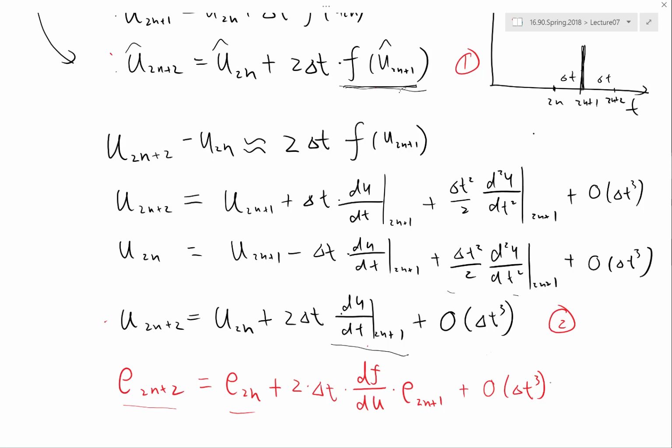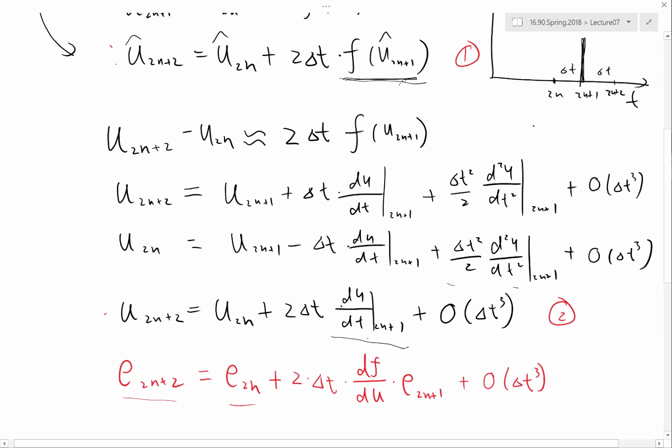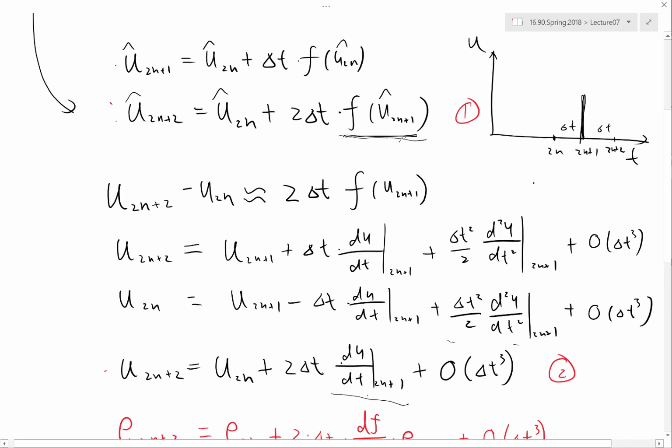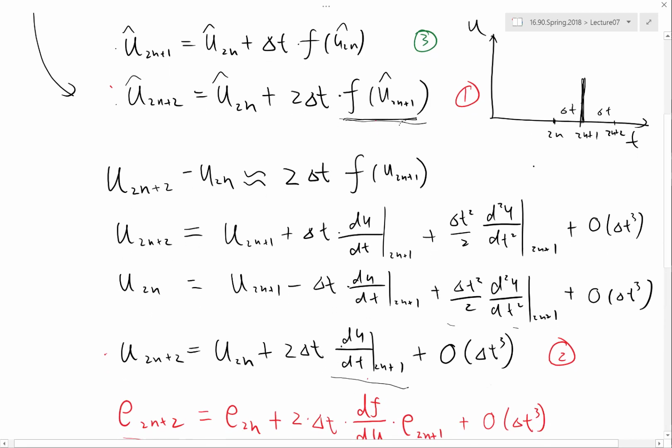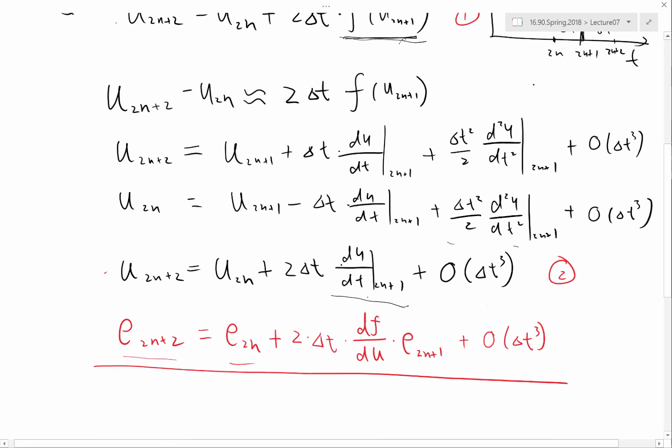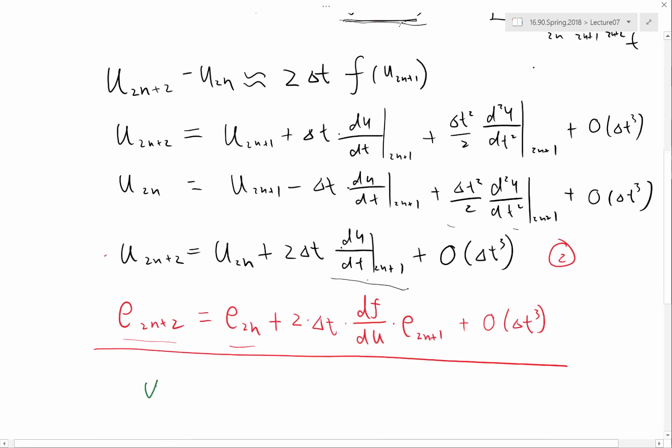Okay, this is what we get by analyzing the second formula. We can also do the same thing to the first formula. So let's make this equation 3. If you do this with the first formula, you can also write down an analytical formula for that.